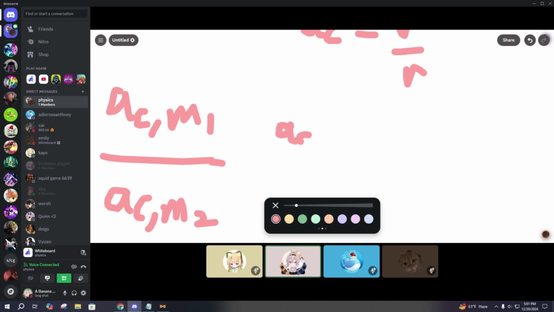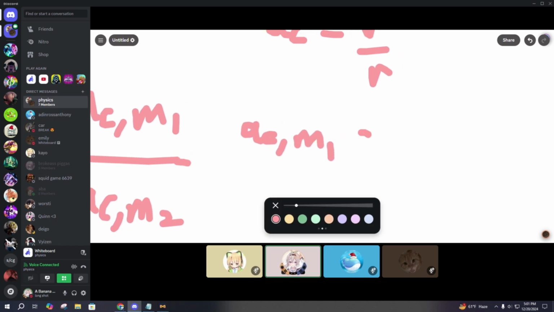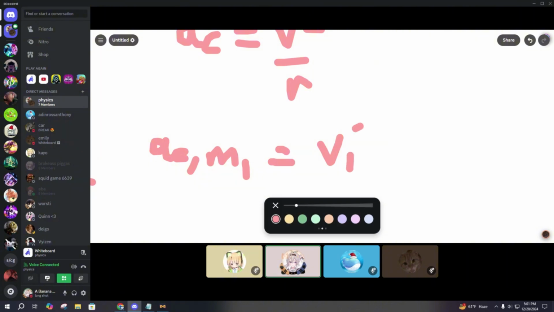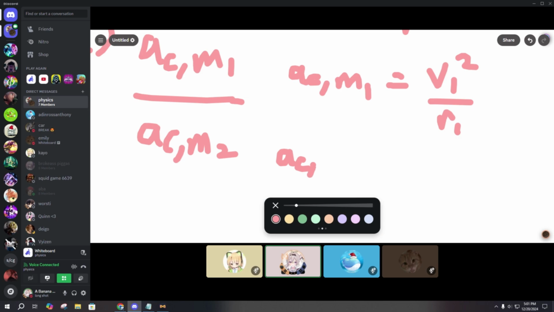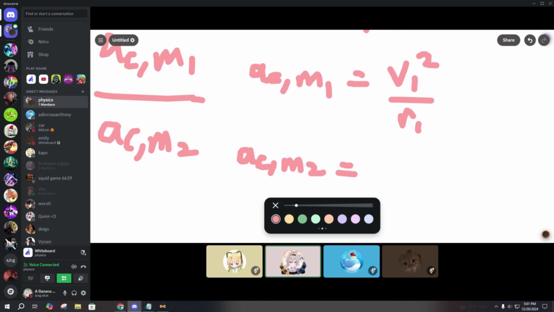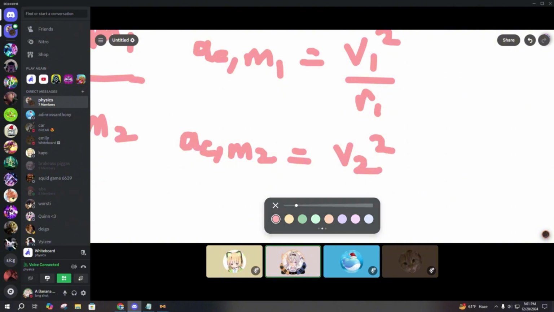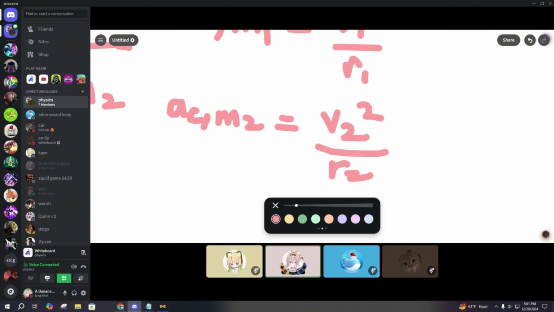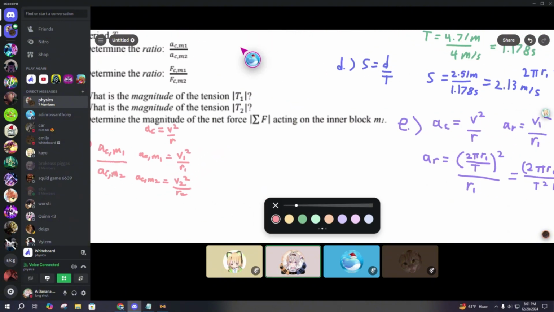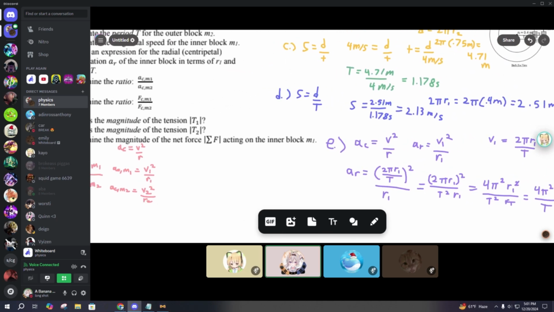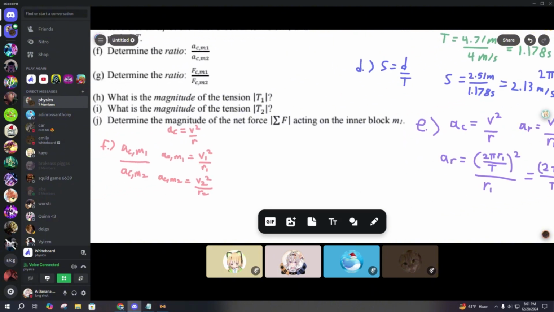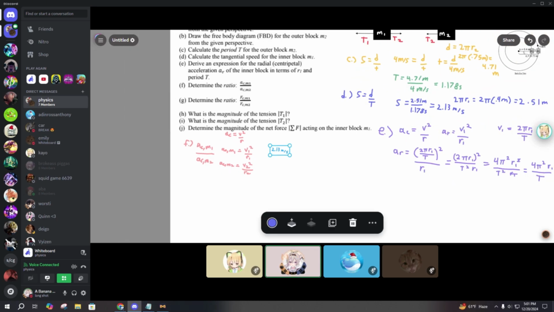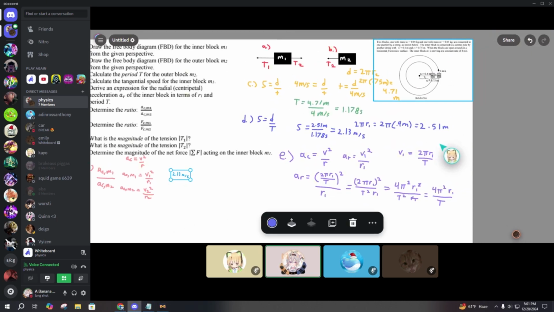So AC M1 is going to be equal to V1 squared over R1, and AC M2 is going to be equal to V2 squared over R2. Well, I've calculated those values. V1 squared is just going to be here, 2.13 meters per second. And R1 is given by the problem to be 0.4 meters.